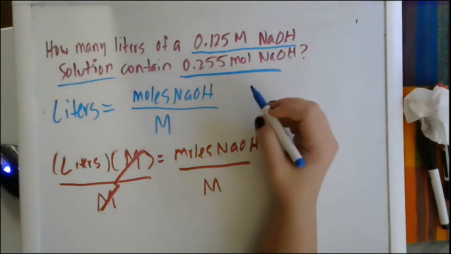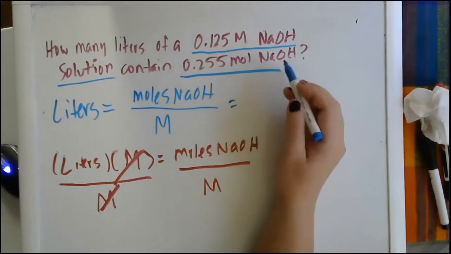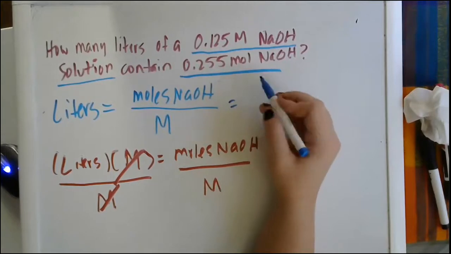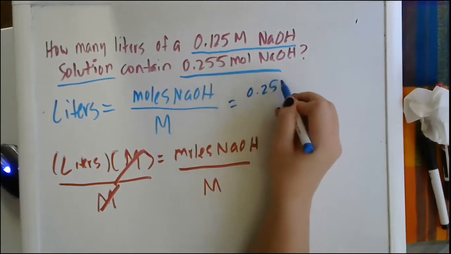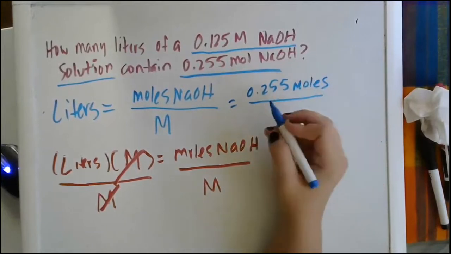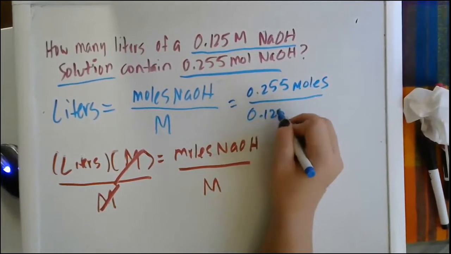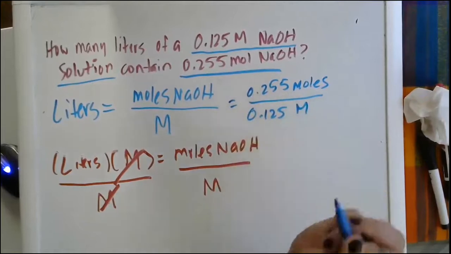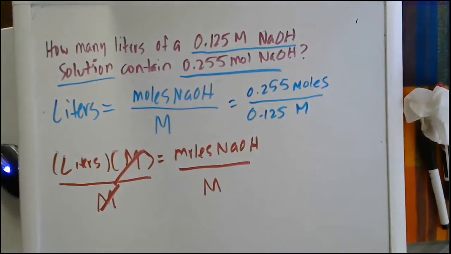Okay, so now we can plug in the values that we know from the problem. We know that the moles of NaOH are 0.255. And we know that the molarity is 0.125. So when we divide those two values out, we'll get the liters of the solution.